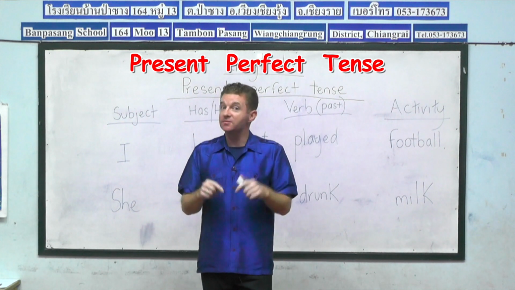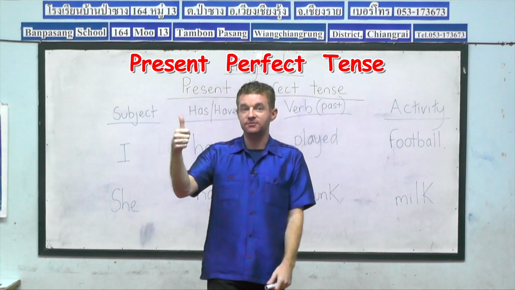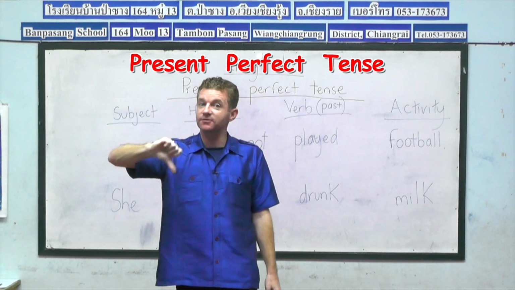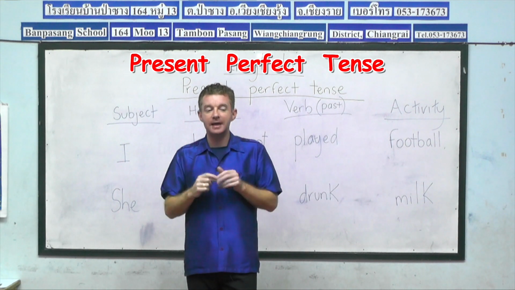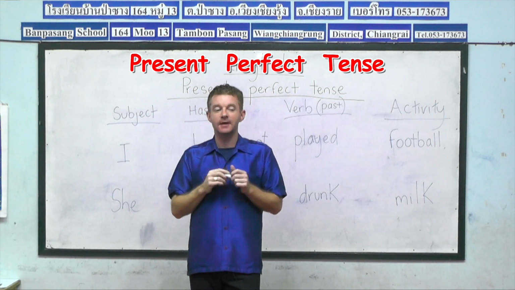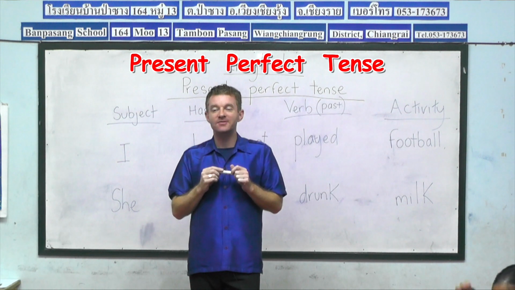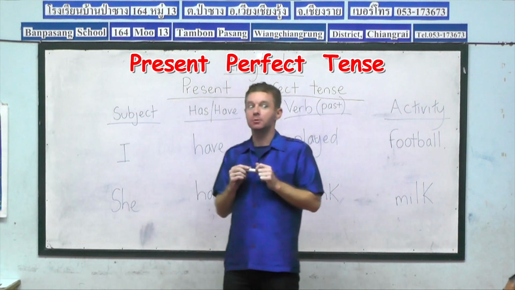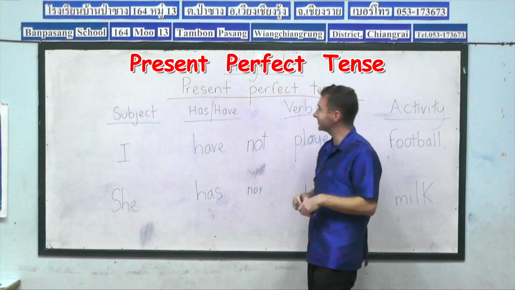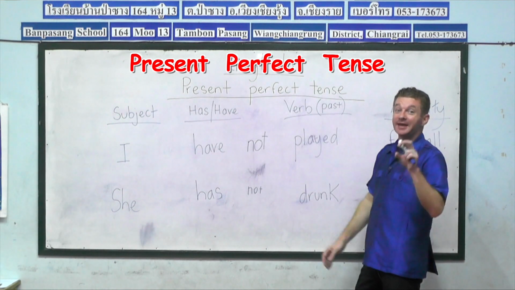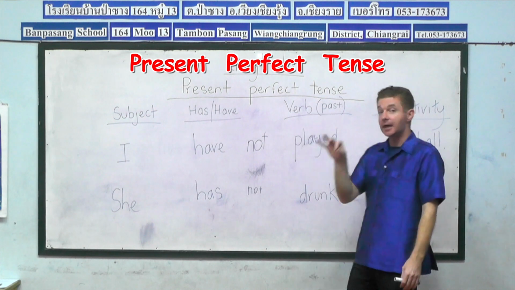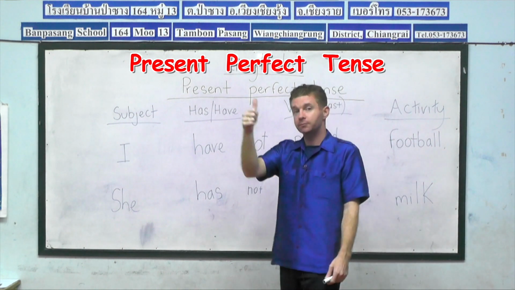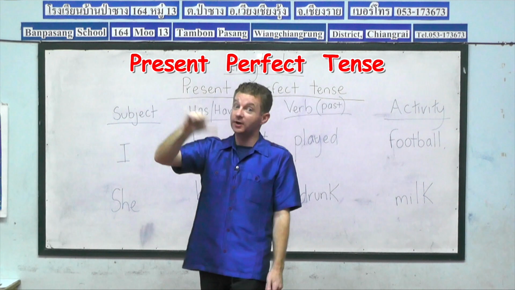Okay, so now we've learned how to do positive sentences, and we've also learned how to turn them into negative sentences. Who can guess what comes next? What are we going to practice doing today? Any ideas? Begins with Q. Questions, yes. What we're going to learn is how to ask questions in the present perfect tense, and then also how to reply with a positive answer or a negative.